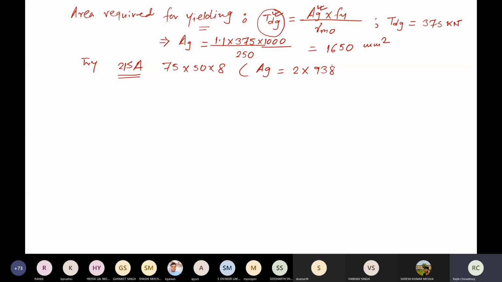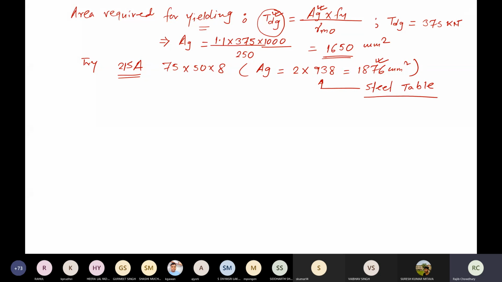Where should I get this 938? This is coming from your steel table. So this much gross area is being provided, but required is 1650 mm square.